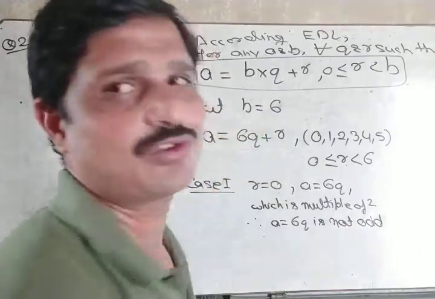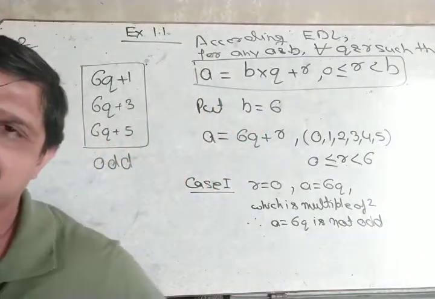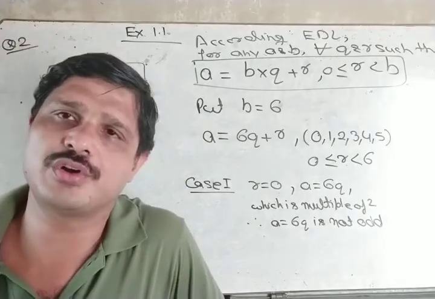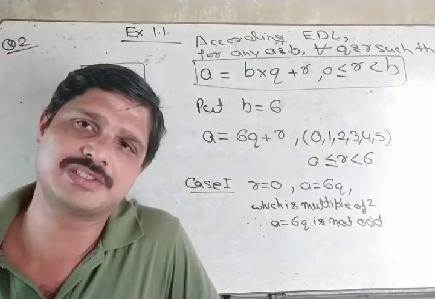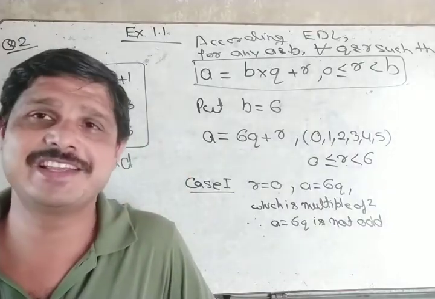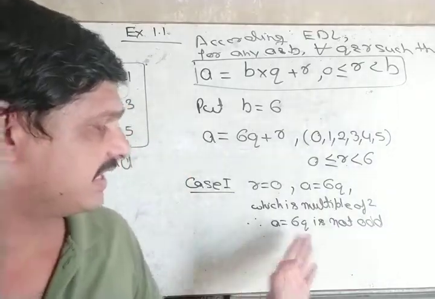We can also write that this is even, but we are looking for odd numbers, and it is not asked whether it is even or not. That's why we have not written here that 6q is even.